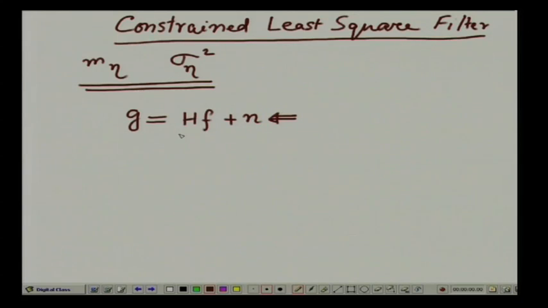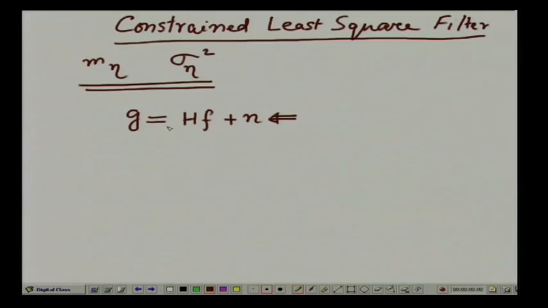Now, you will notice that the value of H is very sensitive to noise. So, to take care of that, we define an optimality criteria, and using that criteria the reconstruction has to be done.